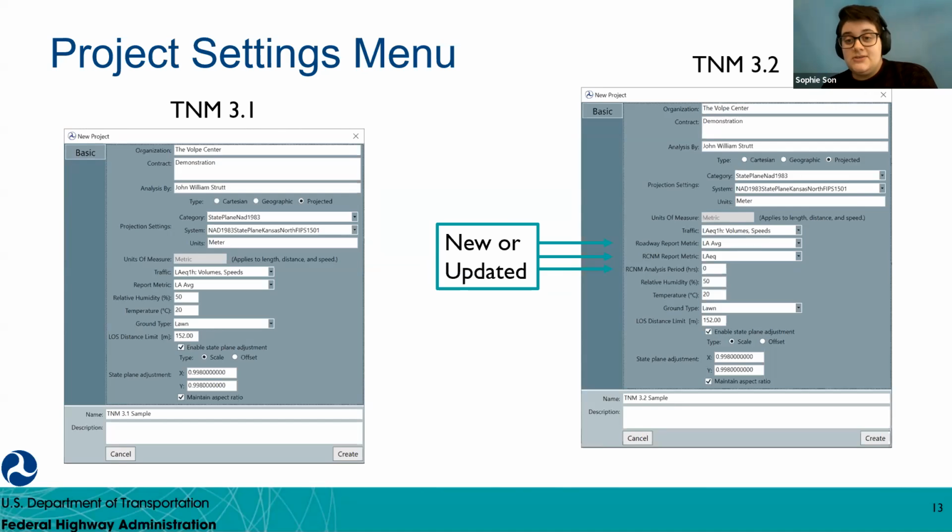If you do choose LAEQ, then the following RCNM analysis period field will be enabled for you to input the duration of averaging for that LAEQ calculation. And this roadway report metric field is exactly the same as it was for roadway noise, but we just gave it a new label to differentiate it from the RCNM report metric.